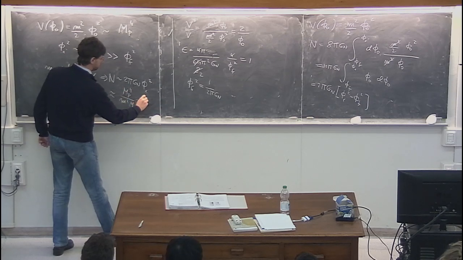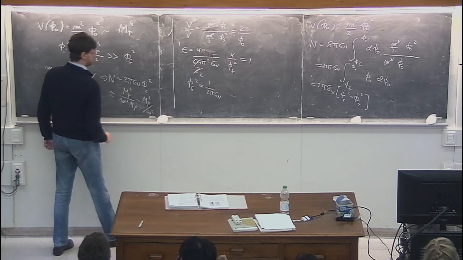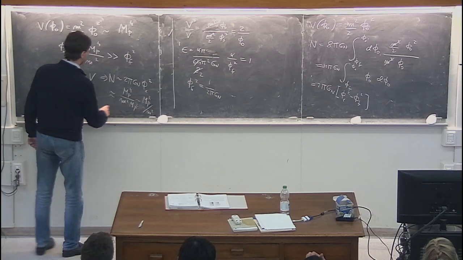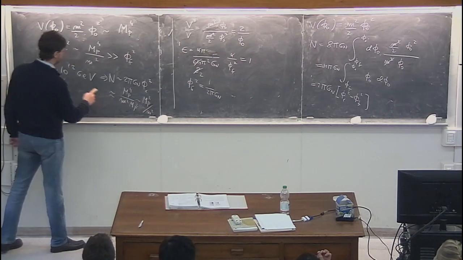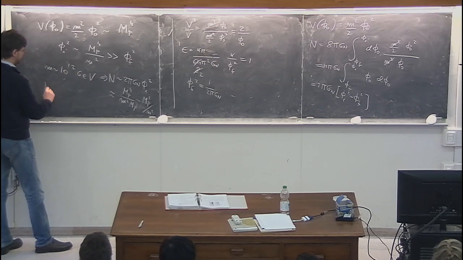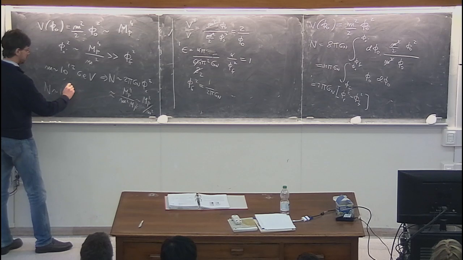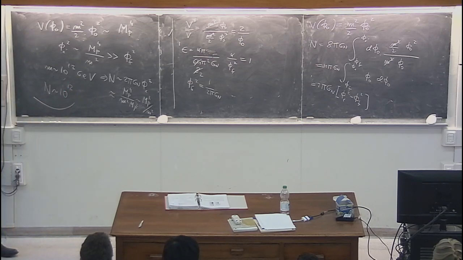So it's of order of m Planck square divided by m square. I have basically 10 to the 18 divided by 10 to the 12, which is 10 to the 6, squared. I get 10 to the 12, which was the number that I was mentioning before.